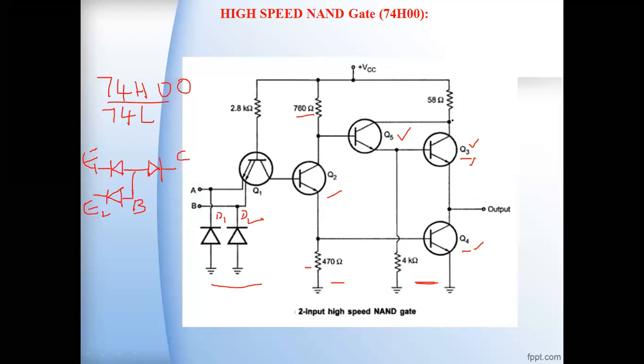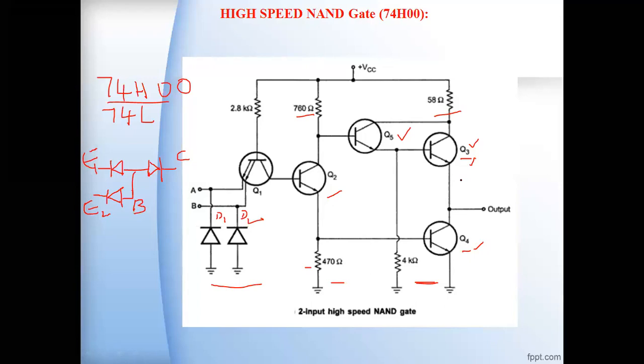And you can also see the significance of the 58 ohms here. The circuit is identical with the low power TTL NAND gate, but in the LS TTL NAND gate, we have extra diodes and extra transistors.